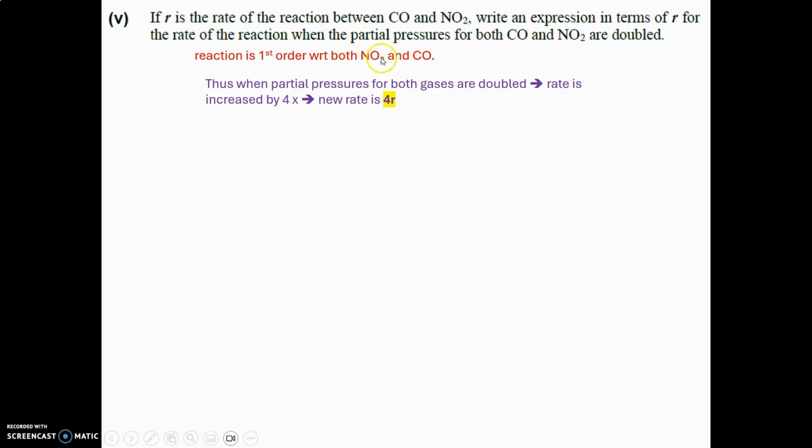When I double the NO2 partial pressure, CO partial pressure remains constant, my rate will double because it is first order with respect to NO2. Then from there, I double the concentration of CO. My rate is going to double again to give me 4 times the original rate. So by doubling both partial pressures, my rate will multiply by 4 times, which means that my new rate will be 4R.